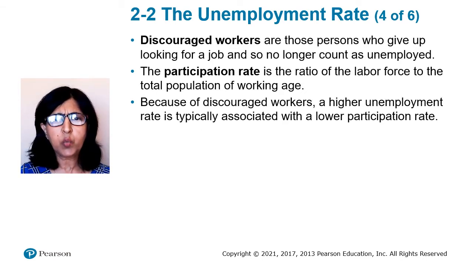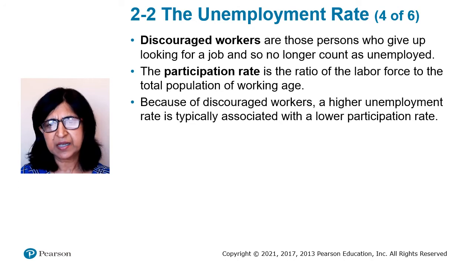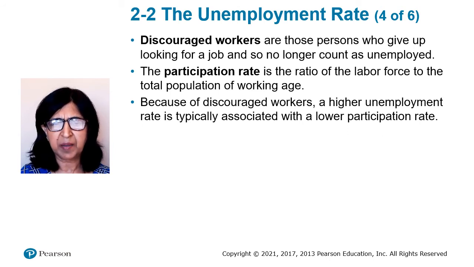If all workers without a job gave up looking for one, the unemployment rate would go to zero. This would make the unemployment rate a poor indicator of what is actually happening in the labor market. For this reason, we also look at labor force participation rates and pay attention to the number of discouraged workers in the economy.